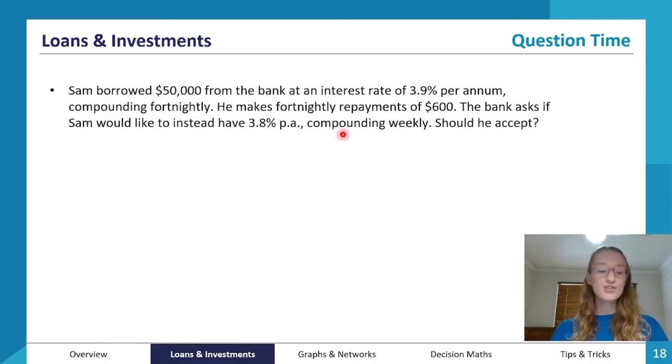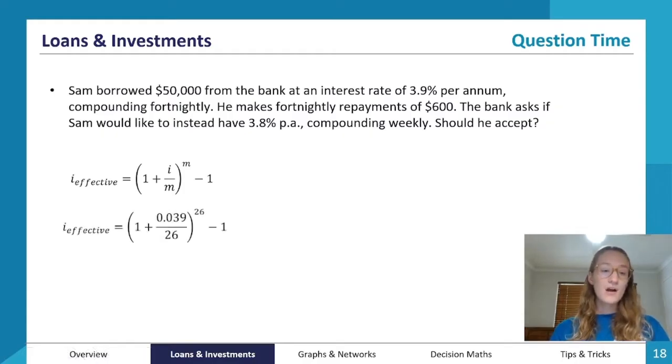So let's use our effective annual rate of interest formula to determine that. So I effective. We'll have a look first at the 3.9% per annum option. Here you see that I is our decimal rate of interest, and you can see in the I effective formula that it already takes into account the number of compounds per year. So I in the annual effective rate of interest formula is simply the decimal rate of interest per annum.